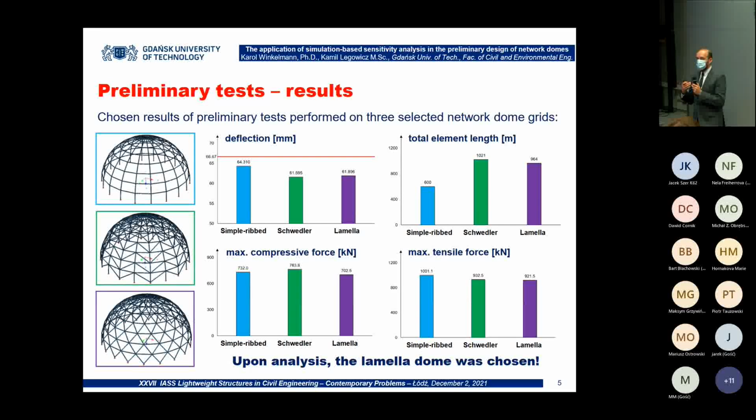We also investigated the number of elements, the total length of the elements, and the total mass of the structure. Upon a series of calculations, not only this one presented, we have chosen that the best possible way, beautiful architecturally and designable as a structure, is the lamella type, here in violet.